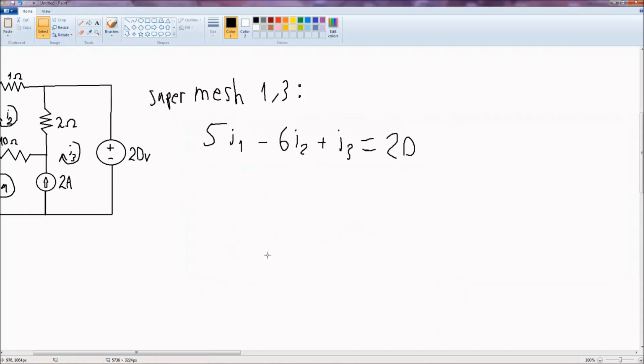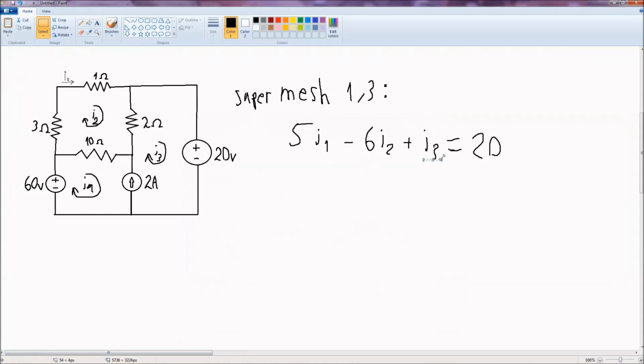So we have one equation down with 3 unknowns, but we are left with just one mesh. So what are we gonna do after? We'll show that. But first let's put down the equation for mesh 2.